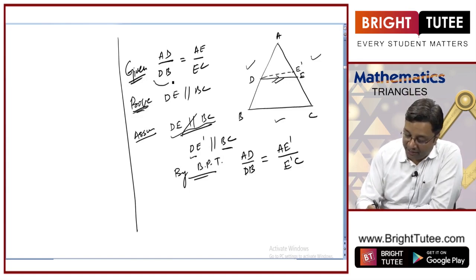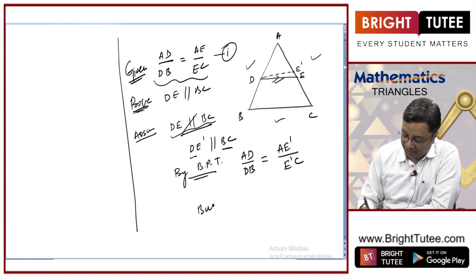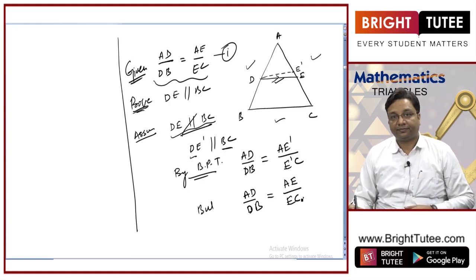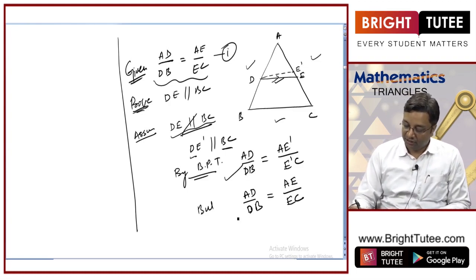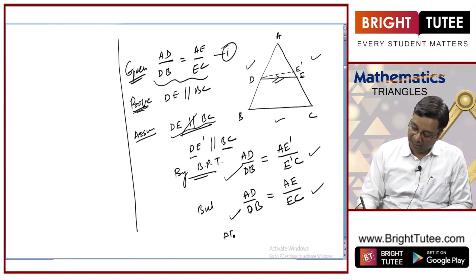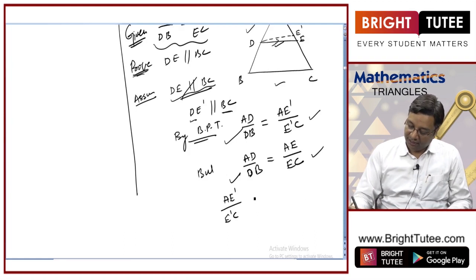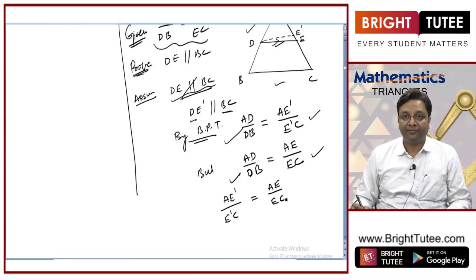But we are given, this is given, right, but we are given, but AD by DB is equal to AE by EC, right. So, this is equal to this, hence these two are also equal. So, AE dash by E dash C is equal to AE by EC.